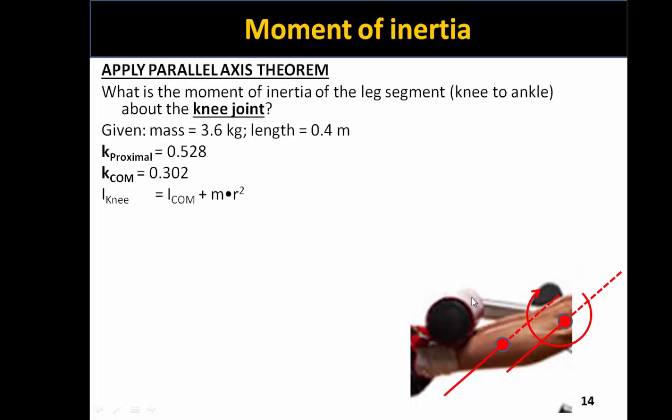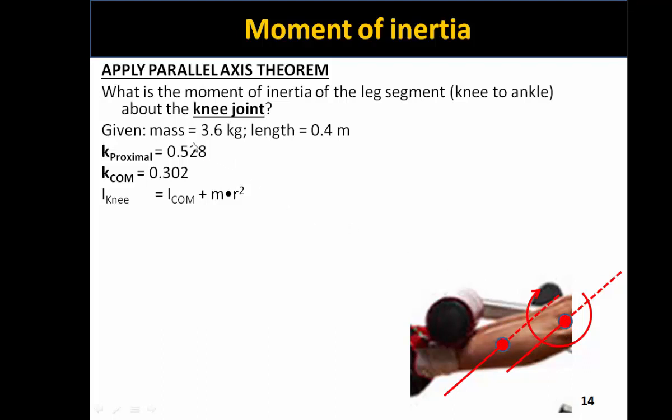Now we're going to take this through one more step here. There are actually two ways to calculate the moment of inertia. The second method is to apply the parallel axis theorem. By applying the parallel axis theorem, we start from the center of mass and work our way to the knee joint.